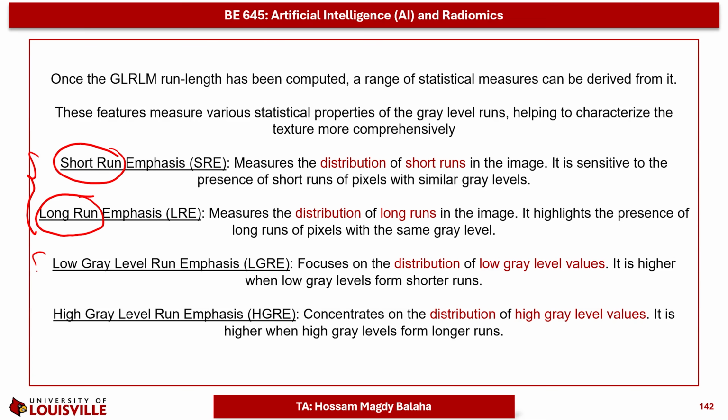The second couple is low gray level run emphasis and high gray level run emphasis. Here we are also measuring distribution, but for the gray levels, here for the low gray level and here for the high gray level. So these 4 features measure the distribution, and based on their name, you know what they are measuring.